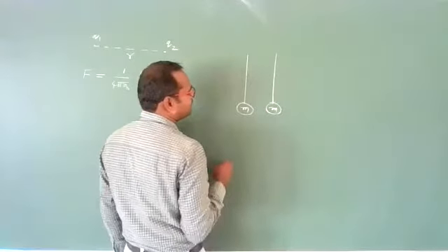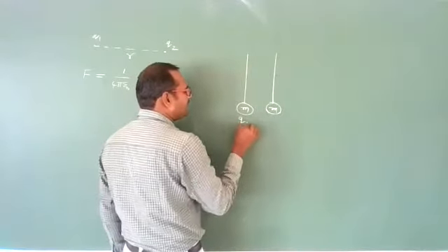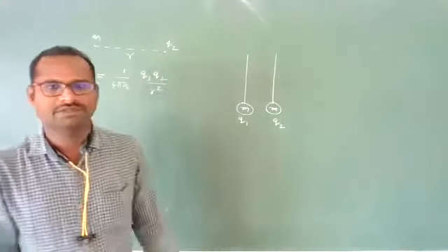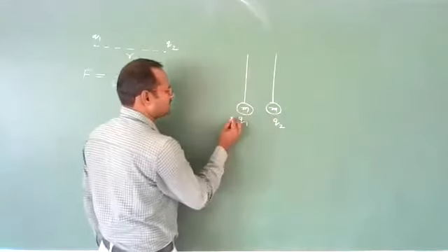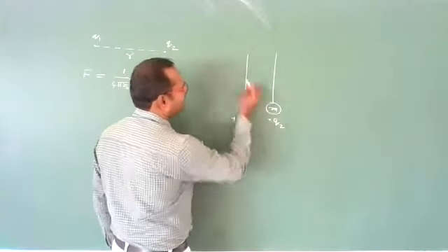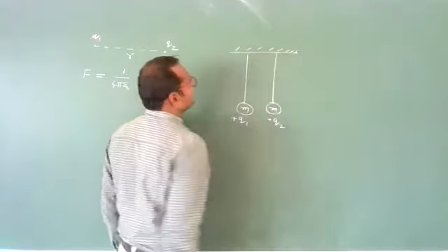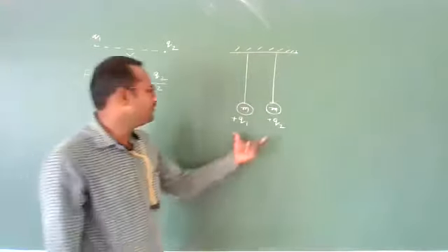These two balls are given some charge, q1 and q2, and let us suppose both are positive charges. These two are suspended from a rigid ceiling like this. What happens between these two charges?